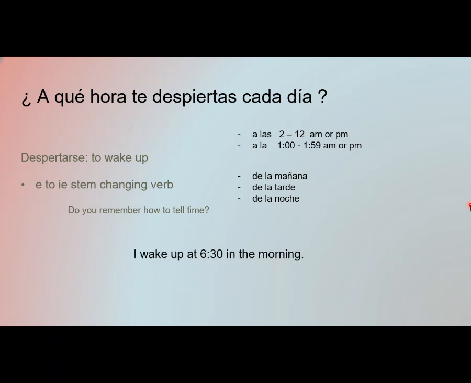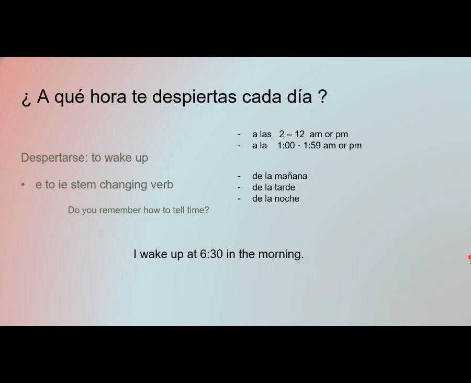All right, so in order to answer this question, ¿a qué hora te despiertas cada día? At what time? And the verb is to wake up. So at what time do you, it's conjugated in the tú form, at what time do you wake yourself up every day? I wake up at 6:30 in the morning.